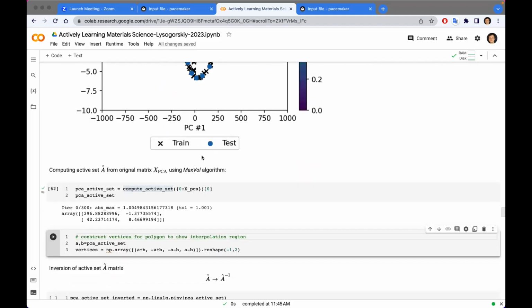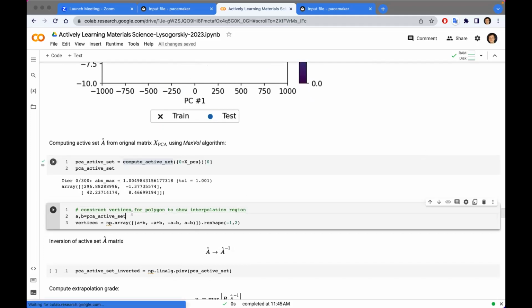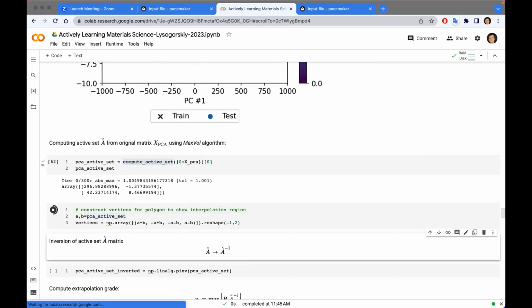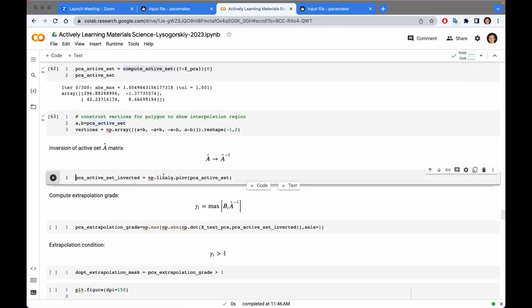And we can visualize it. So those are my 2 points that were selected. And I just plot, okay, with NumPy, I will do some polygon for visualization purposes. I need to invert my matrix. So I use pseudo-inverse because sometimes it could be not ill-defined, but a badly conditioned matrix. So pseudo-inverse is better to use for that.